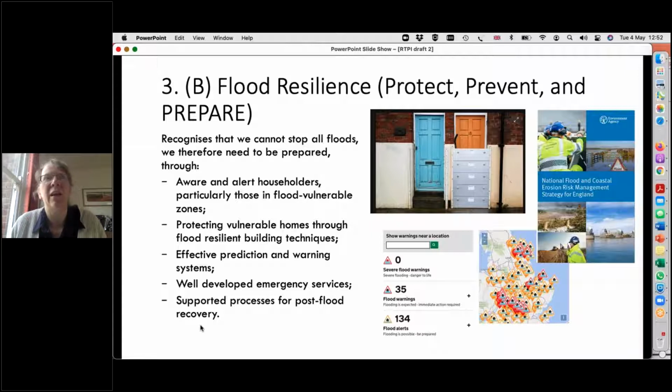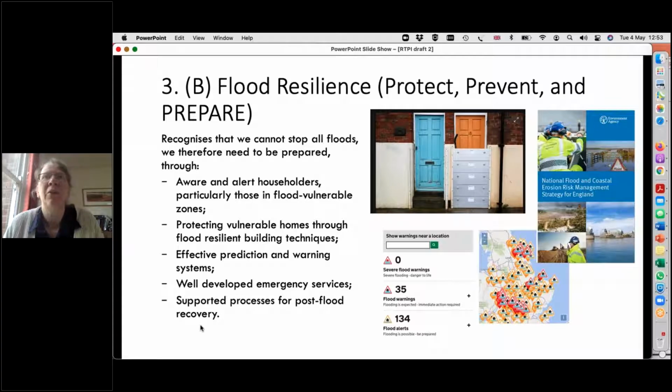And this approach recognises that we cannot stop all floods, and we cannot prevent all floods, and therefore we need to be prepared through aware and alert householders, particularly those in flood vulnerable zones, protect the vulnerable homes through flood resilient building techniques, effective prediction and warning systems, well-developed emergency services, and support processes for post-flood recovery.